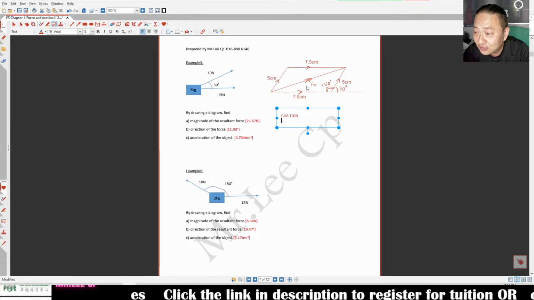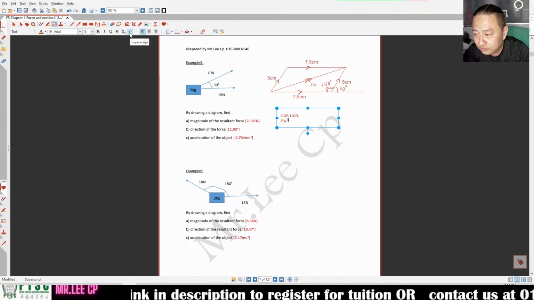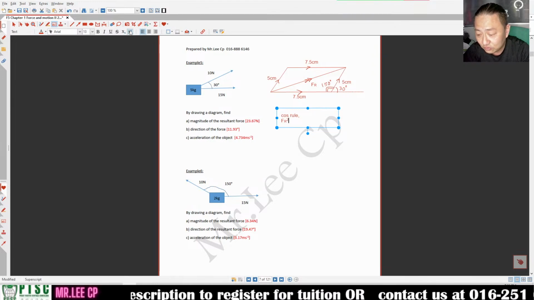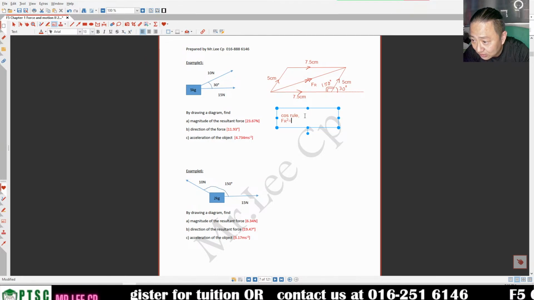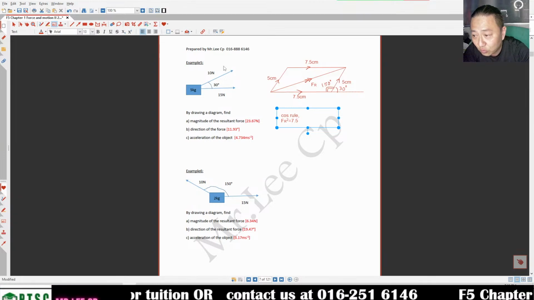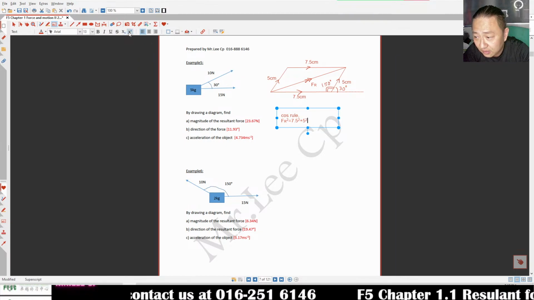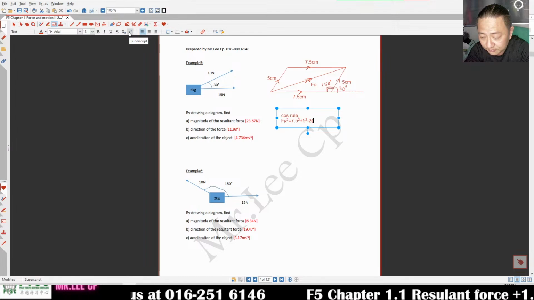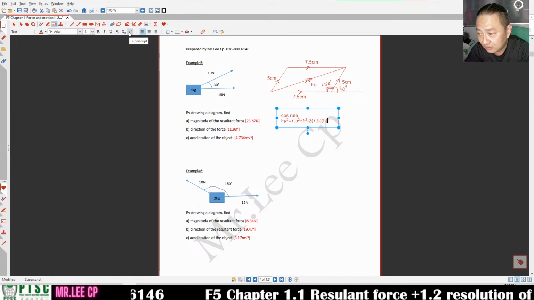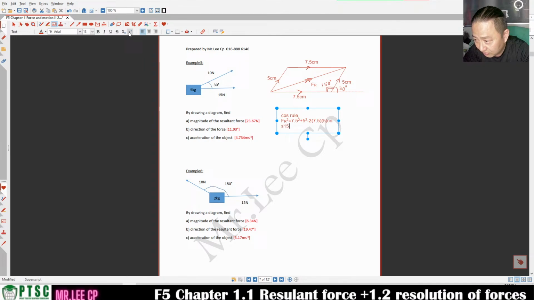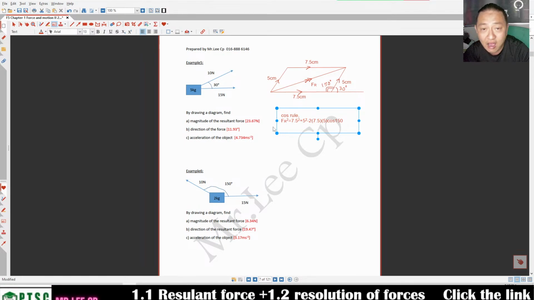Whereas FR squared, the resultant force squared, is equal to the opposite squared, is equal to side squared plus side squared: 7.5 squared plus 5 squared minus 2 times 7.5 times 5 times cos 150. So by pressing the calculator, you can get FR.